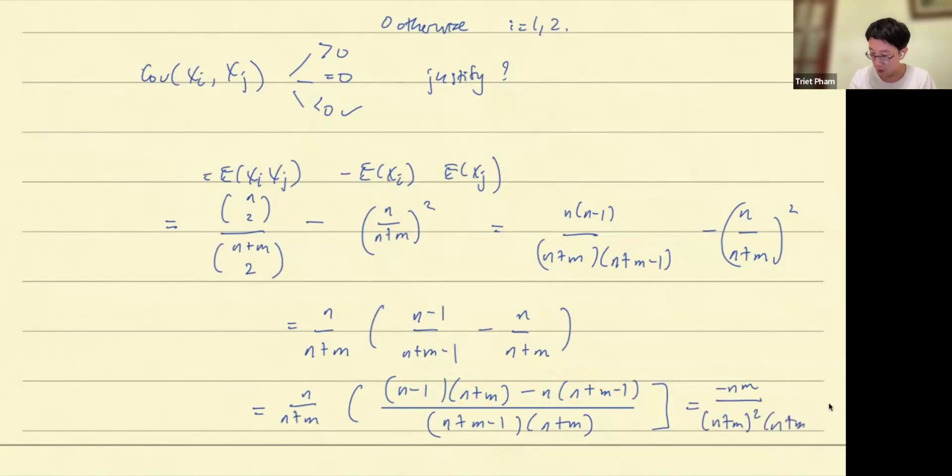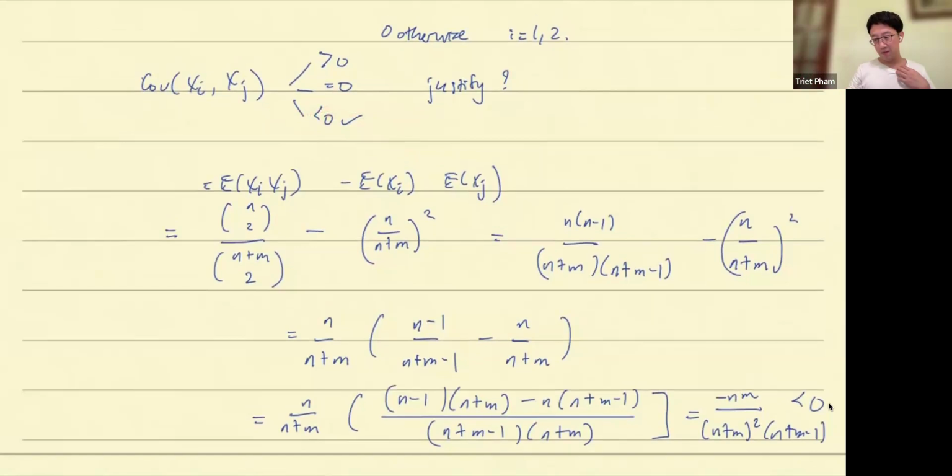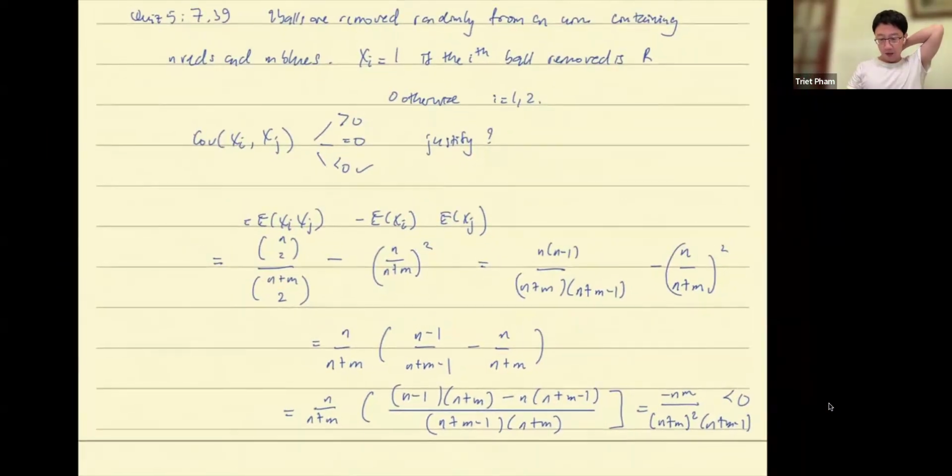Of course, this is the value, but we care about the sign more here, so it's negative. So it seems like the intuition is correct. But who knows. So that's the answer here. Again, I'm guessing because I'm thinking that one ball being red will decrease the chance of the other ball being red.